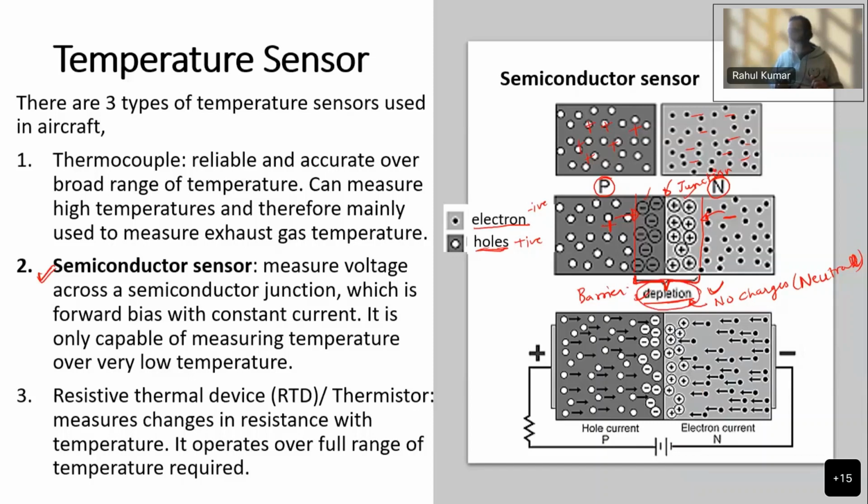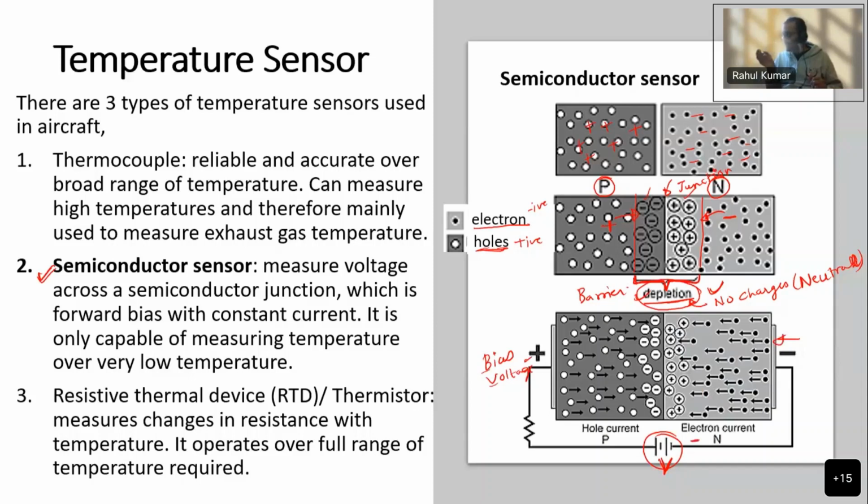Now what we do is we apply a bias voltage. Bias voltage is basically a voltage, so we apply a certain amount of voltage. When you apply this voltage, you have connected the negative terminal to this side.